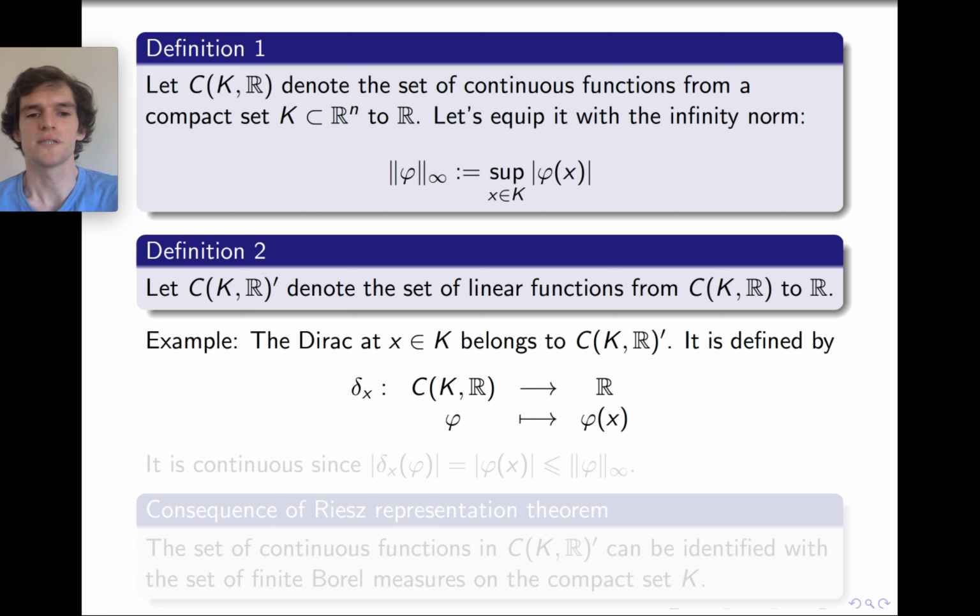For example, the Dirac delta at x belonging to K belongs to this algebraic dual, and it is defined, very rigorously, as taking functions that are continuous from K to R and outputting the value of the function at a given point x. That's a fixed x.